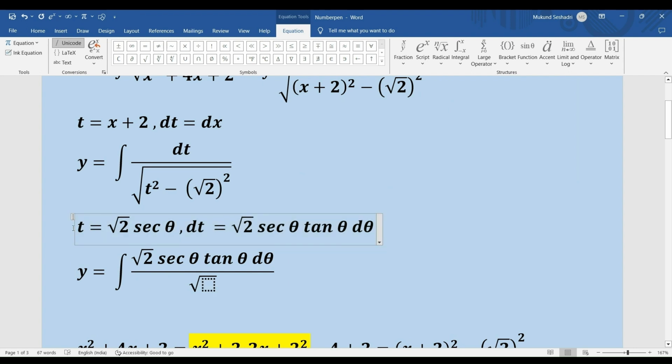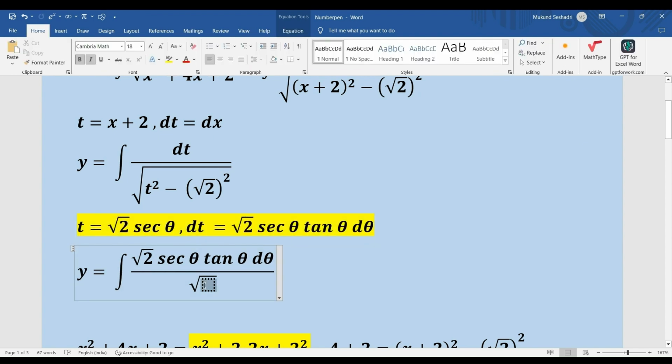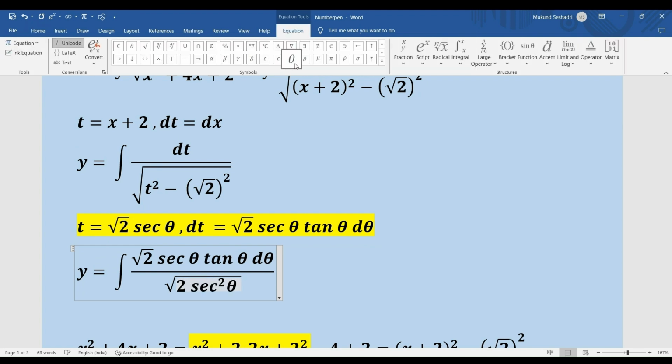I hope you folks are with me. Let me highlight this in yellow, right? So what happens to my t square is I get 2 times secant square theta. And then I have a root 2 square, which I will call a 2, right? Now you see, I can pull out the 2 inside the square root, right? And I can cancel it out with the root 2 in the numerator.